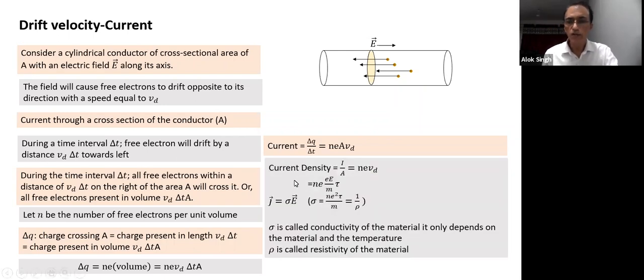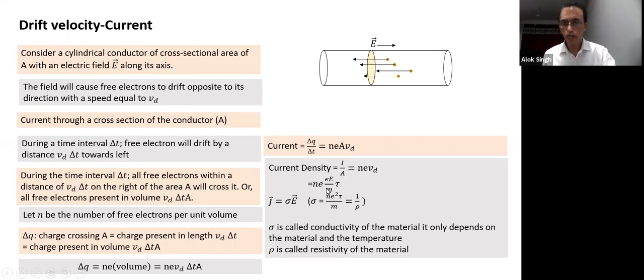Now if this is current, we have also discussed a term called current density. If you divide current by area, it becomes current density. If we divide this term by area, it becomes n e into Vd. Now what we do is substitute Vd in terms of other parameters. Vd is acceleration into time, that is small e into capital E divided by m into tau.